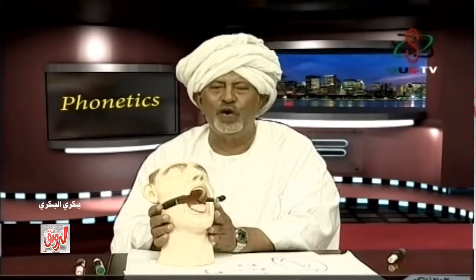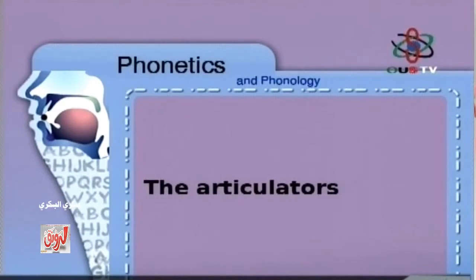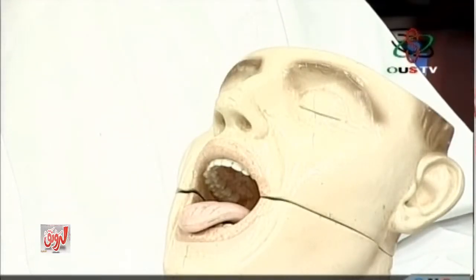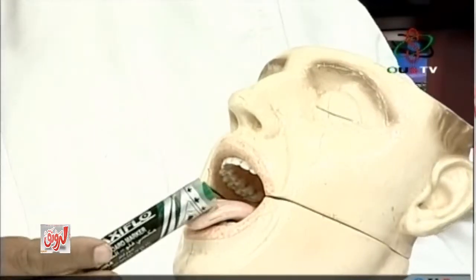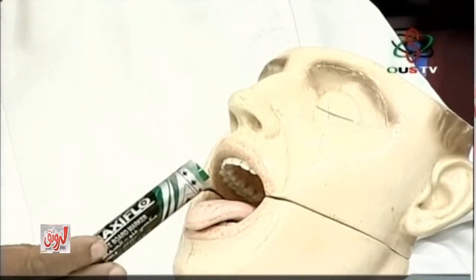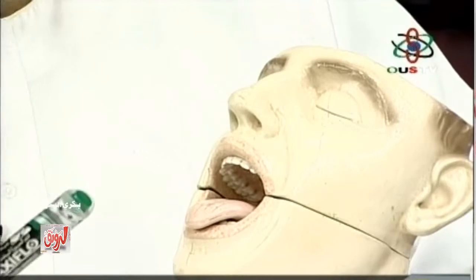Here are what we call organs of speech, or articulators. I said you do articulatory phonetics because we have got our lab. We all have got tongues, we have got teeth, we have got lips, we have got alveolar. That is why we do articulatory phonetics.